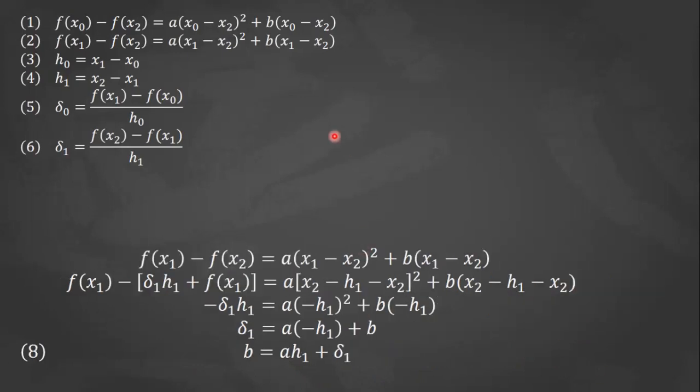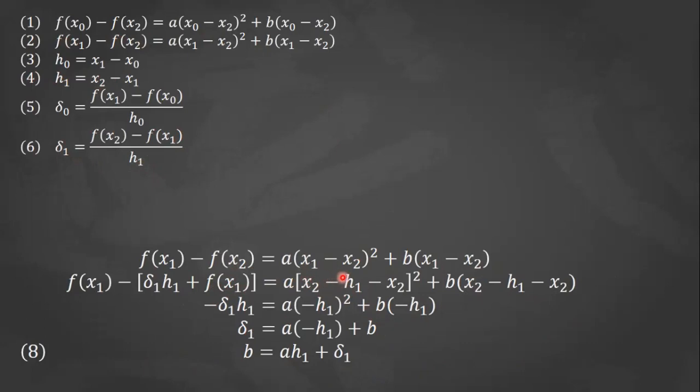Then, karon i-manipulate na pod nato si equation 2. Now, minus equation 2, mao gihapon f of x sub 2, gikan na gihapon ani. So, delta sub 1 h sub 1 plus f at x sub 1 equal to, then si x sub 2 gihapon, that's equal sa, mao gihapon sa ganina, gikan na gihapon dito sa equation 4.